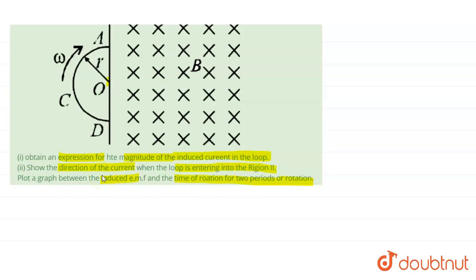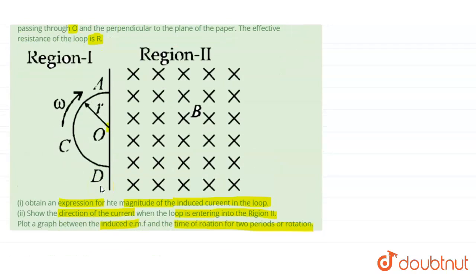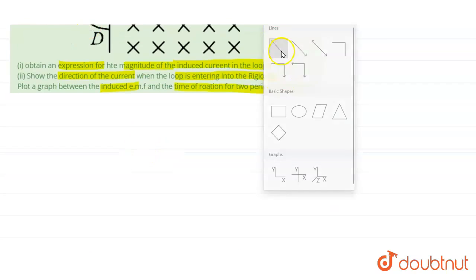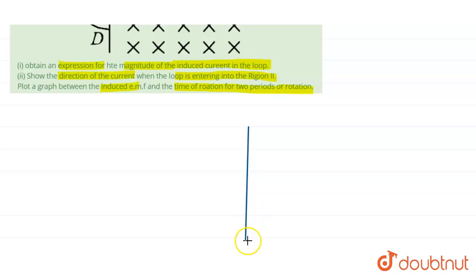So we can analyze what is given and find the expression for the magnitude of induced current. Let me draw this diagram in another region. Let this be the separation line, which is given as AD, and here there is a magnetic field into the plane, perpendicular to that portion.